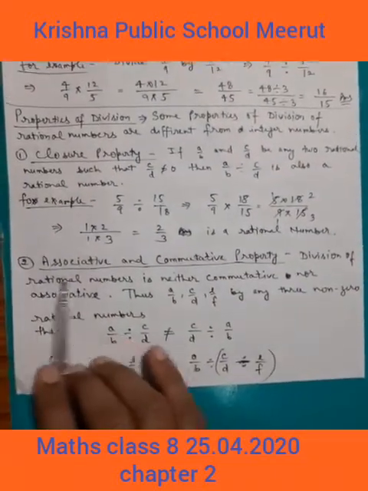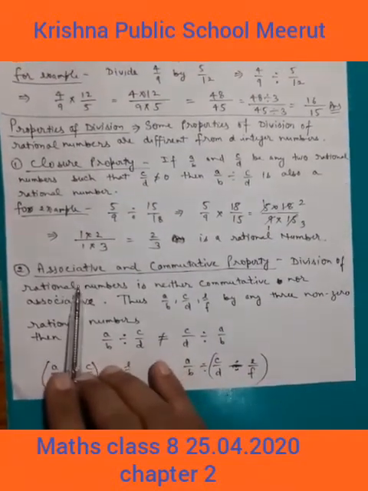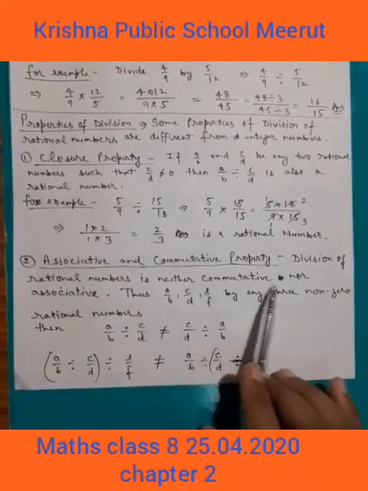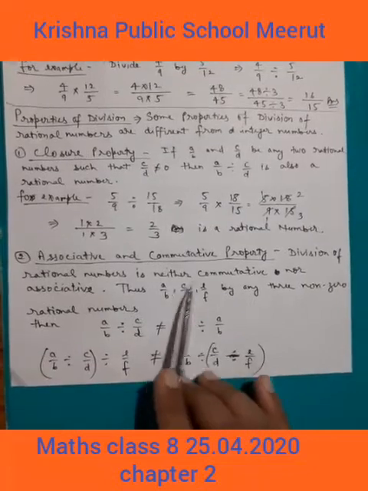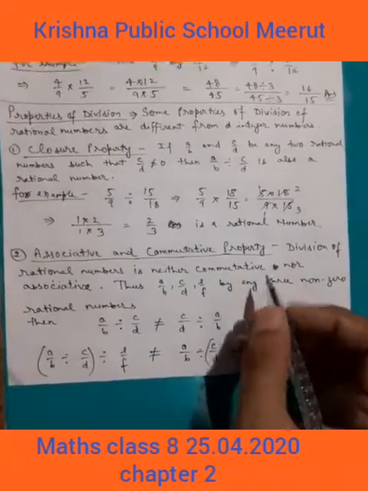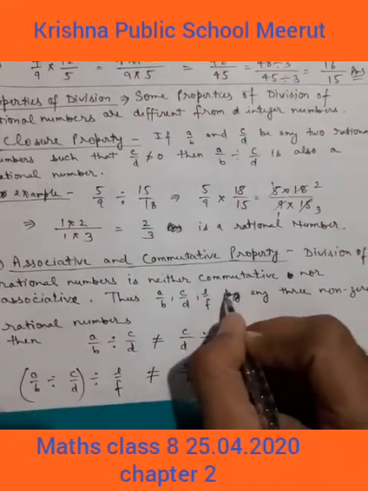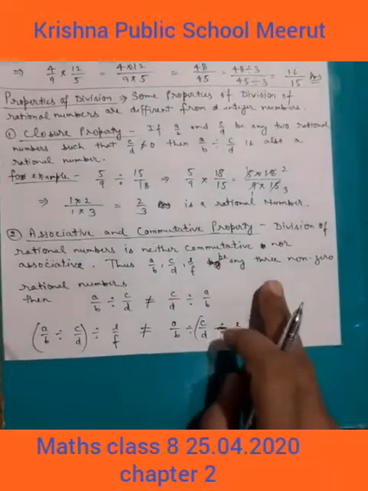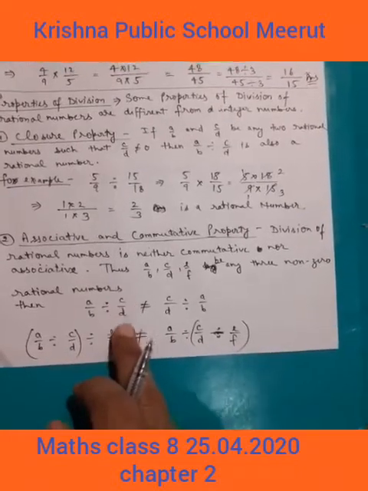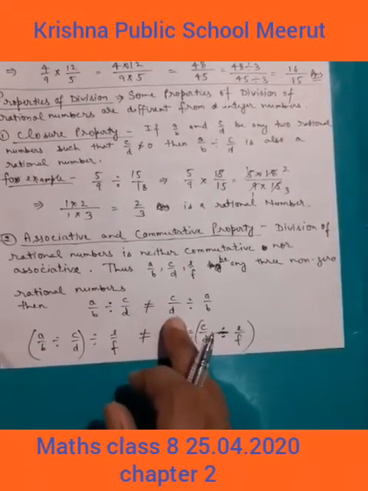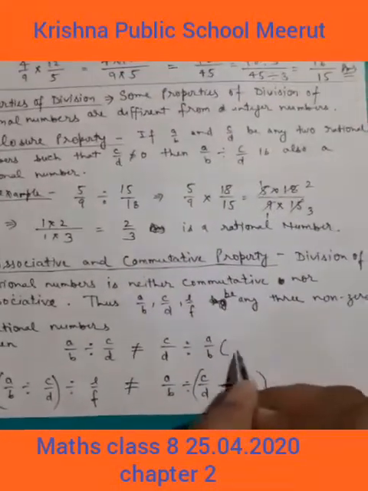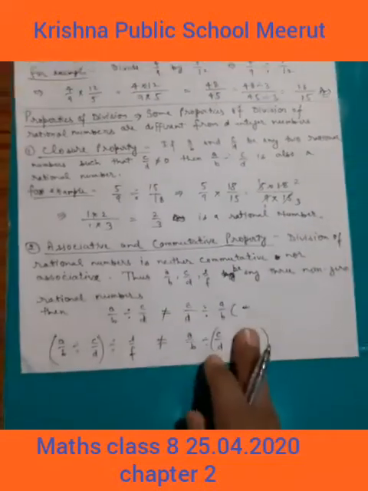Now come to the next property, that is the commutative property and associative property. The division of rational numbers is neither commutative nor associative. Thus, if A upon B, C upon D and E upon F are any three non-zero rational numbers, then A upon B divided by C upon D is not equal to C upon D divided by A upon B. That is the commutative property.